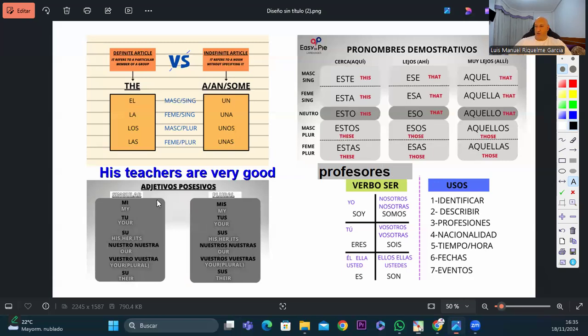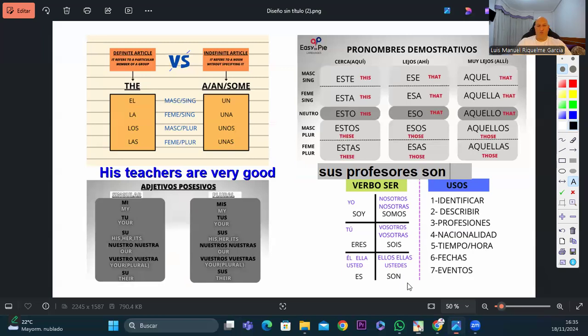How do we say his? We go here, possessive adjectives, and go to his. His, her, its, we say su. But we have a plural his, sus. So sus profesores, they are. What's the form of the verb ser that we use for a they? Son.